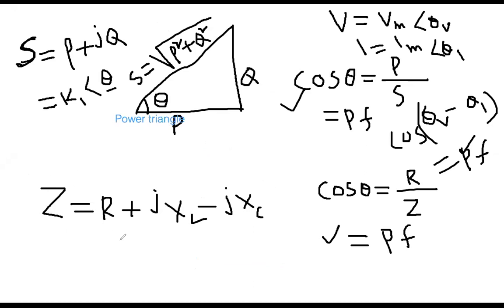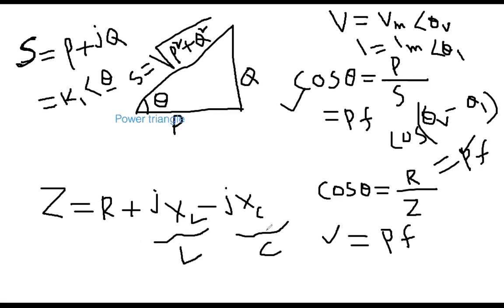Right? So when we have a series circuit that has R, L, and C, this is the Z format. So if you see there is a minus sign, then definitely that is for the capacitor. If you see that there is the plus, definitely that is for the inductor. And then the real part is the resistance.